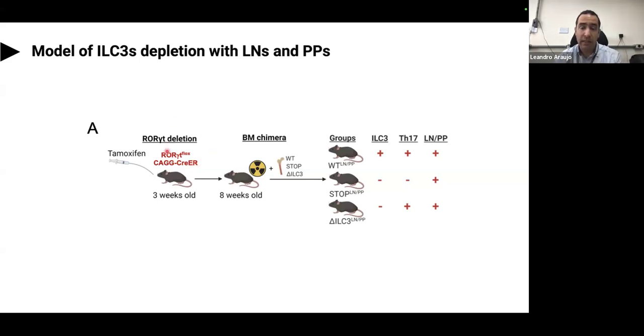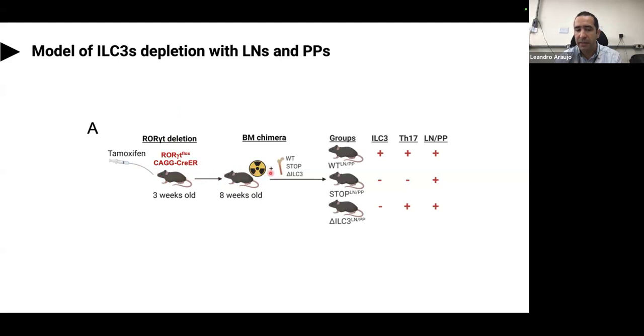So we treated these mice with tamoxifen after they generated the lymph nodes, and when they got old, we analyzed them and they lost a lot of innate lymphoid cells and T cells because of the deletion of Rorc-gamma. But to confirm with this depletion, we did a bone marrow chimera.